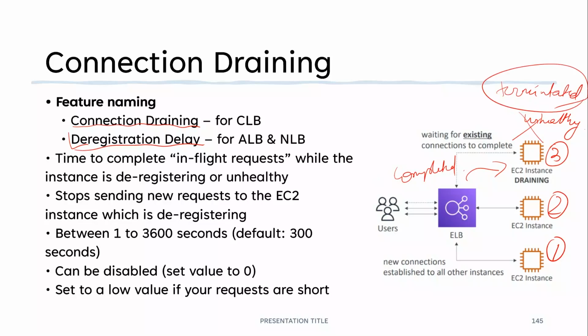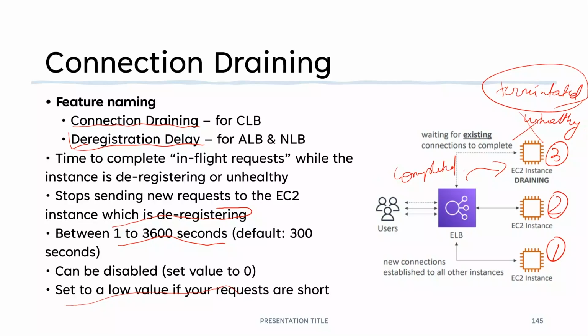That is why the connection draining period is specified, so that for that much time the unhealthy instance can be there to complete the requests. So basically it stops sending new requests to the EC2 instance which is deregistering, and it can be from 1 to 3600 seconds. The default is 300 seconds, it can be disabled, and you can set it to a low value if your requests are short.